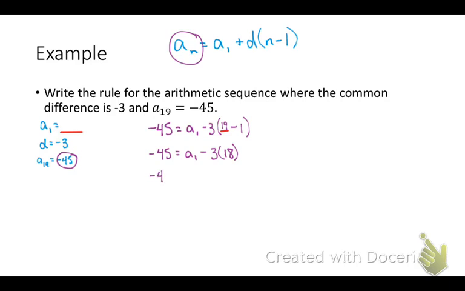So negative 45 equals a sub 1, 3 times 18 is 54, so minus 54. How do I get a sub 1 by itself? Add 54 to the other side, right? So I add 54 to the other side.